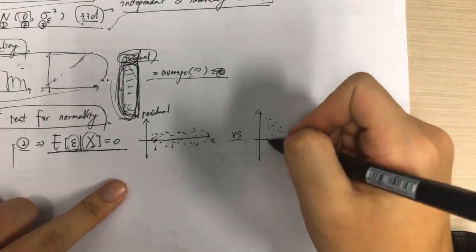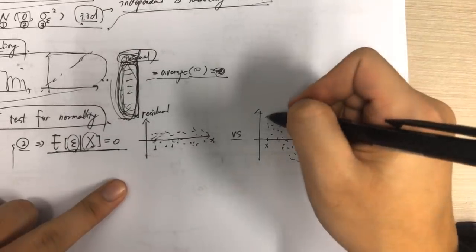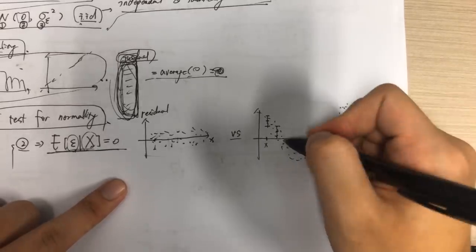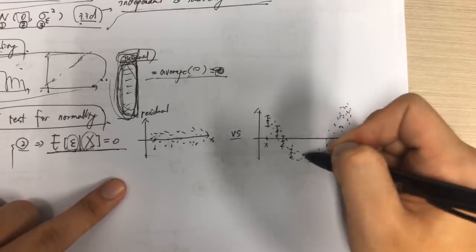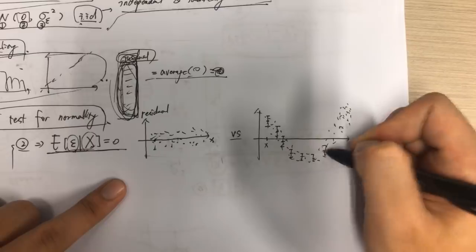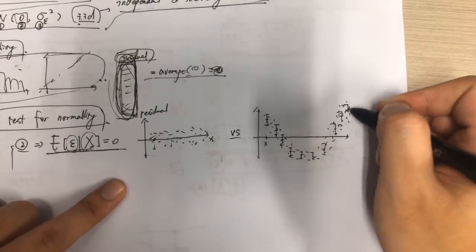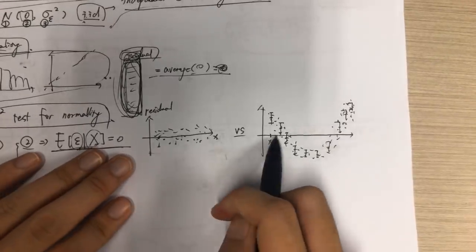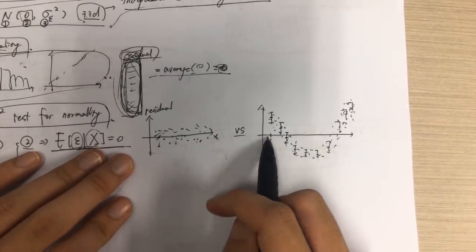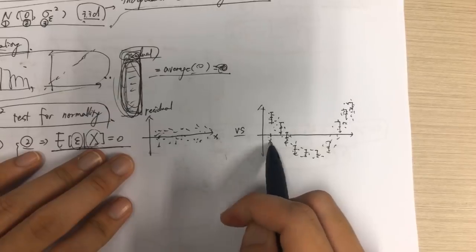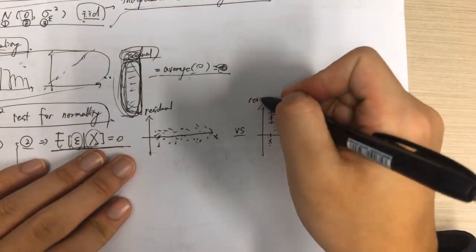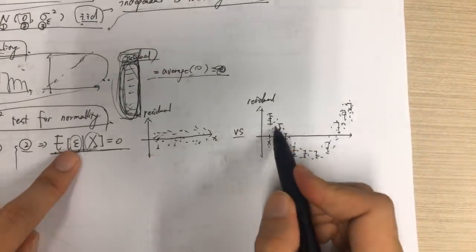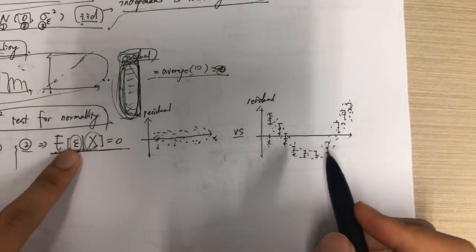Because you can see for any given x value, some of the means are positive, but here the mean starts to be negative, negative, negative, negative, positive, positive, positive, right? Therefore, you can see that the values of residual have a correlation with x, right? Therefore, the conditional mean of this residual is not always 0, all right?